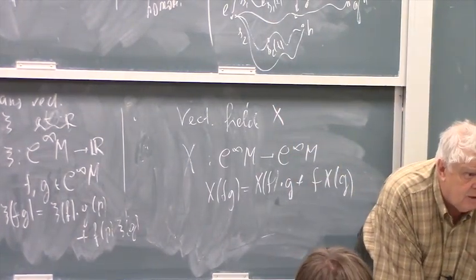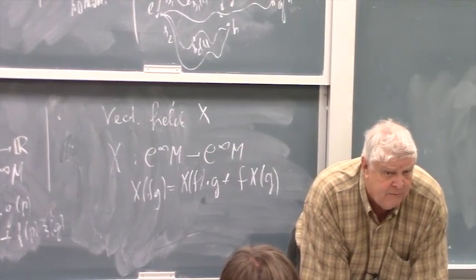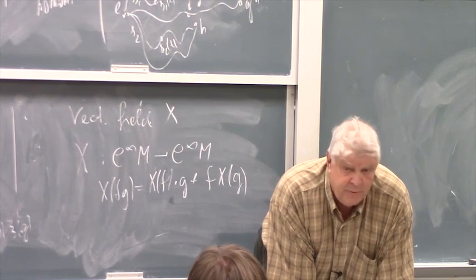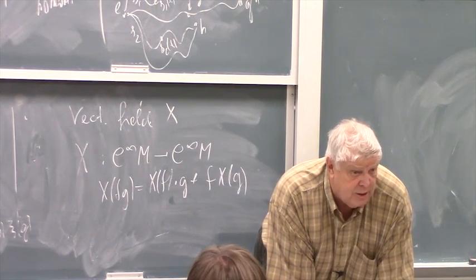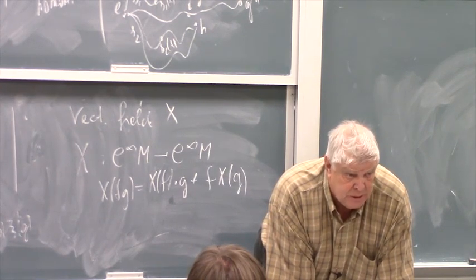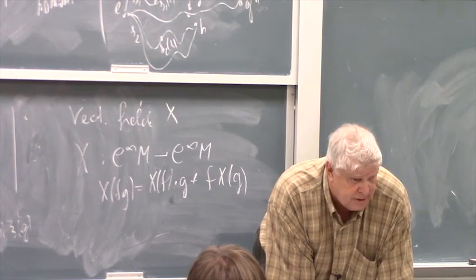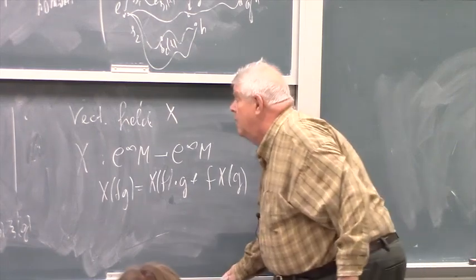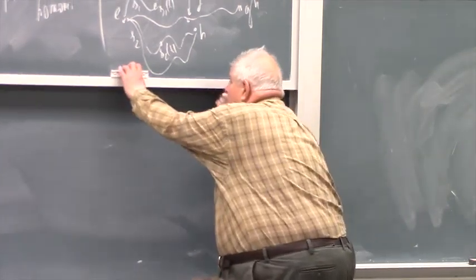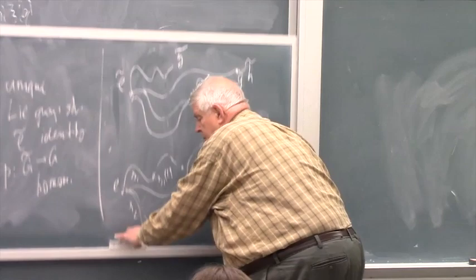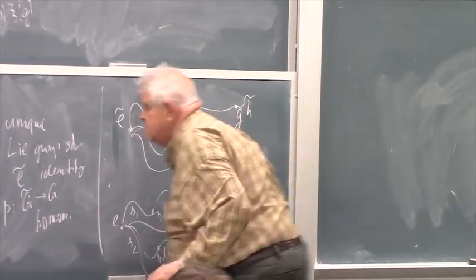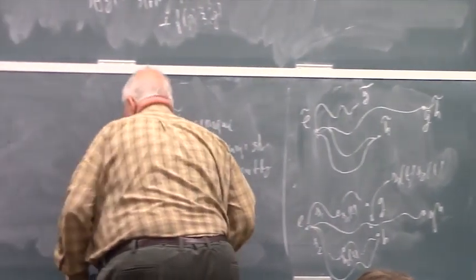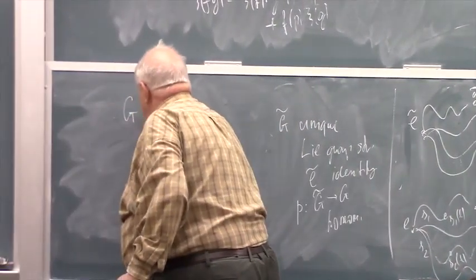I am not interested now in this theory of vectors and vector fields in full generality. A vector field can be defined actually as a family of tangent vectors at all points of the manifold. It is very easy to relate these two definitions. But what I want to say now is the following. We consider not just a manifold, we consider a Lie group. So let G be a Lie group.